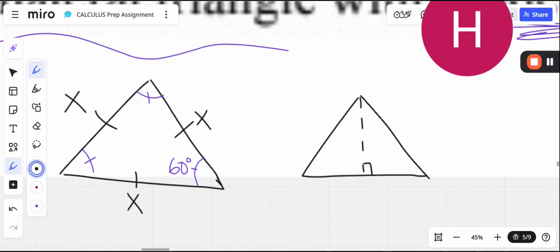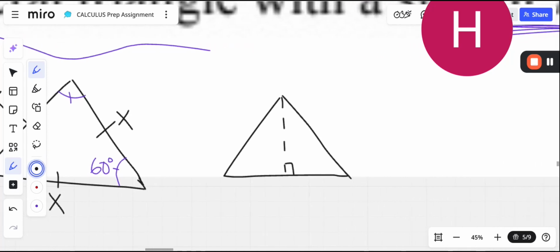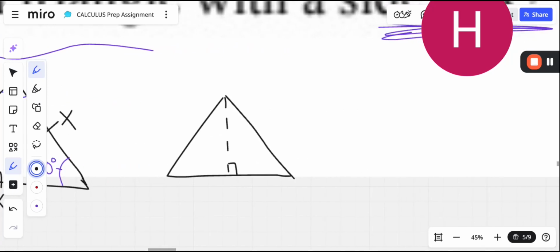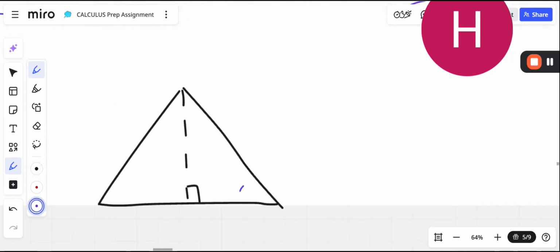There are other methods, but we want to use 1/2 base times height. And by splitting this triangle down the middle, we have created a convenient 30, 60, 90 right triangle. Notice that by splitting it down the middle, it's cutting the angle in half to 30 degrees now. So the full thing would be 60, but we've cut it in half.